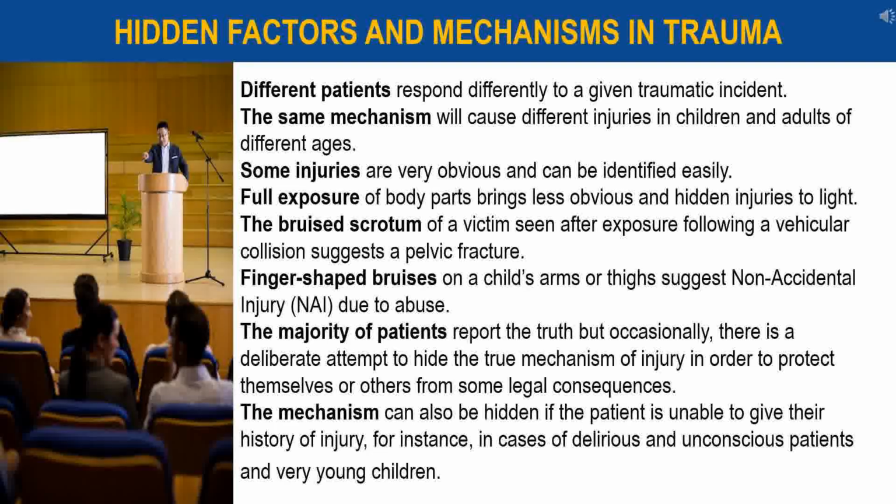When the formula mechanism plus patient equals injury does not seem to make sense, then the hidden factor may lie in the mechanism itself. The majority of alert and oriented patients report the truth, but occasionally there is a deliberate attempt to hide the true mechanism of injury in order to protect themselves or others from some legal consequences. This may mislead the clinician and prompt them to look for the wrong pattern of injuries.